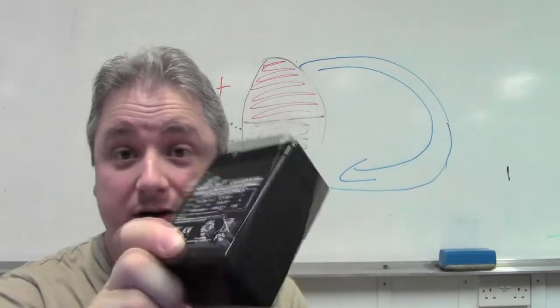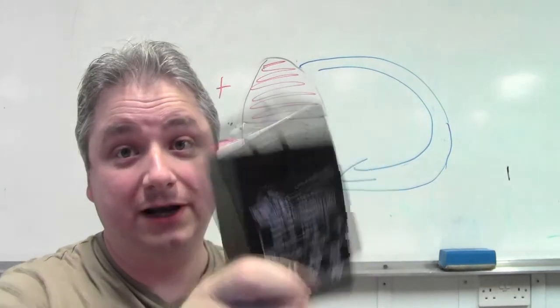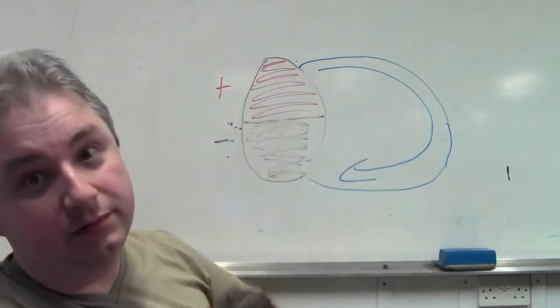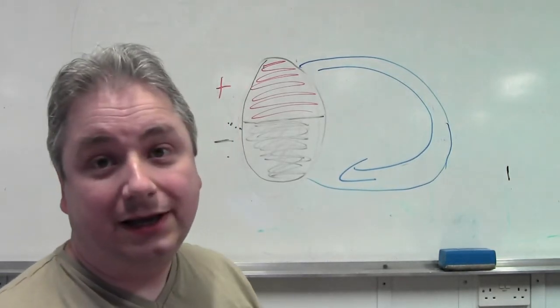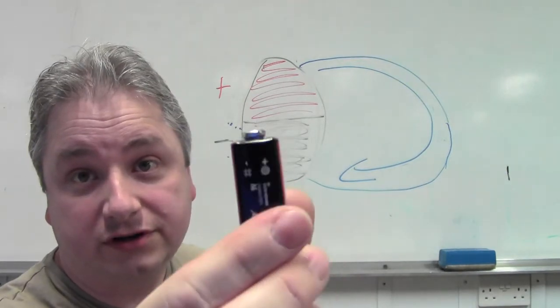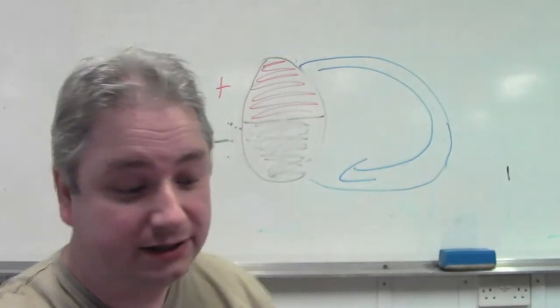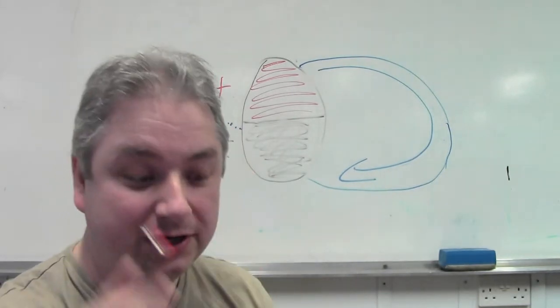Okay, we've got our lead acid. As you can see, red, black, as in positive, negative. And PP3 batteries, positives and negatives, and it's written on the side, positive and negative there, you can see that, and an AA battery.